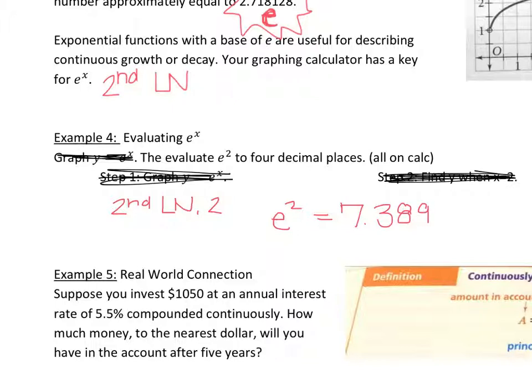What's the decimal, if you were just to read the decimal off? 3905605 something. So we're supposed to round to 4 decimal places, so it'll be 7.3891. So there's your answer. We round up because there was a 5.